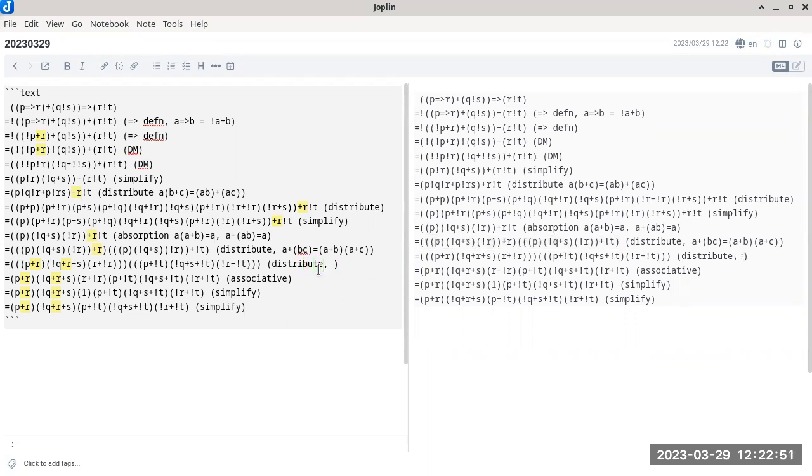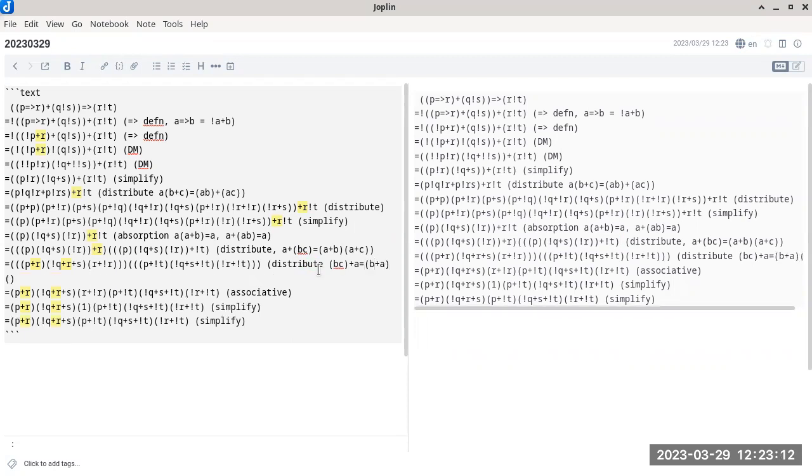It is the same thing, even though it looks different, because this time we have (B and C) or A, which becomes (B or A) and (C or A). There we go. So are we still doing okay so far?